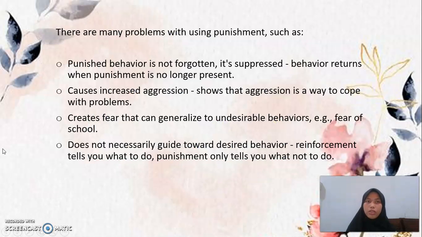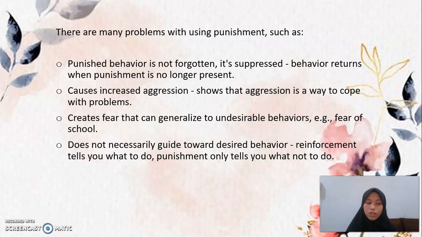There are many problems with using punisher. Punished behavior is not forgotten, it's suppressed. When the punishment is gone, the behavior will return, and they will show the same attitude. Next, it will cause increased aggression.